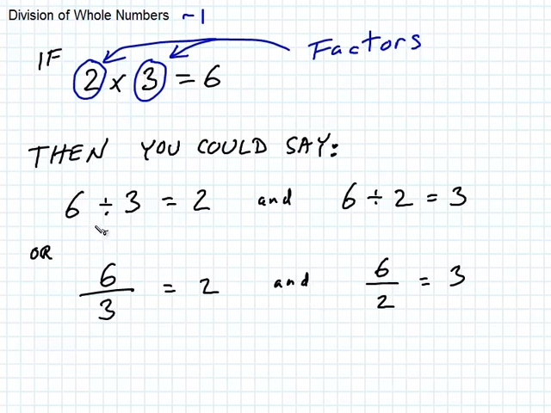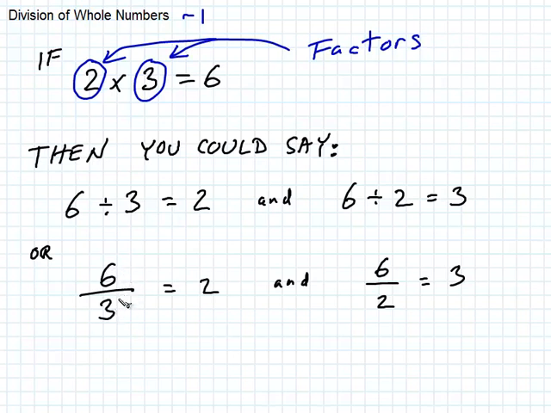When I say 6 divided by 3, another way you can write that is 6 over 3. The fraction bar is really a division bar. So 6 over 3, like a fraction, really means 6 divided by 3. It helps if you know that, because when you're working with fractions, you're taking this number and dividing it by that number.